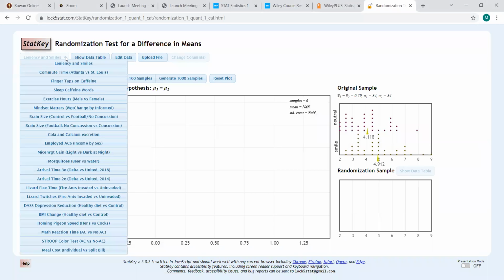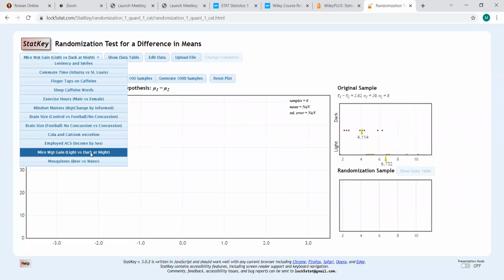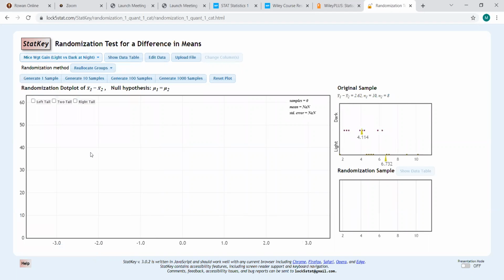So let's see, for the mice weight gain. Here it is, right down here. Light versus dark at night. That's the one we want. All right, and then here is the original sample. Here are the 10 that are in the light group, and the average of the 10 weight gains is 6.732 grams. And the average in the dark group of the 8 mice there is 4.114.